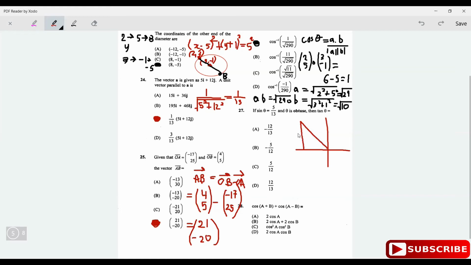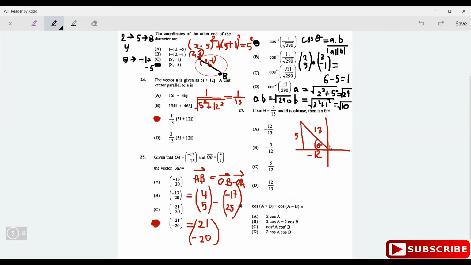The opposite is 5 and the hypotenuse is 13. Let's call this our theta. Since we're in the second quadrant, what is tan theta? We need to find the adjacent. The adjacent is going to be minus 12.